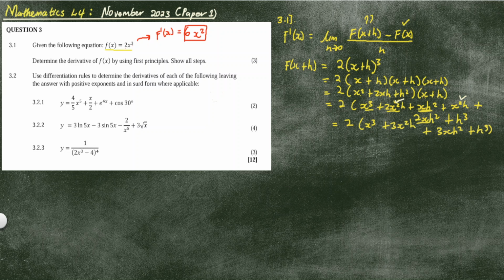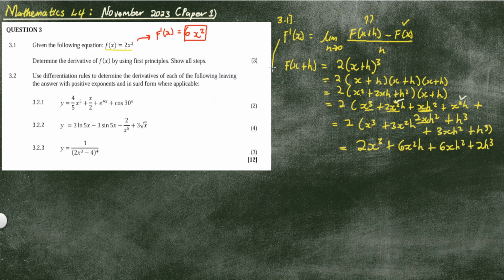Then we have to multiply by 2 inside, so we get 2x cubed plus 6x squared h plus 6xh squared plus 2h cubed. So this is my f of x plus h. It should be 4 terms. Yes.